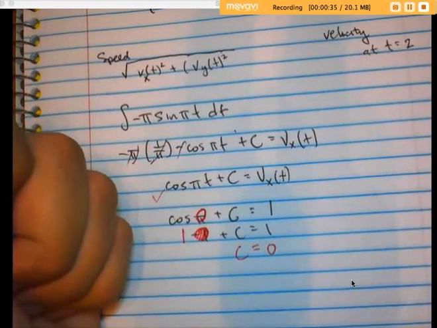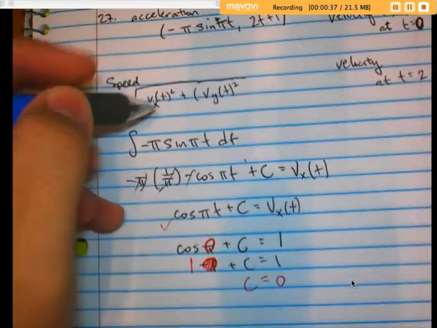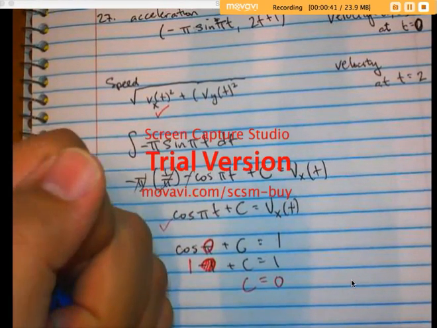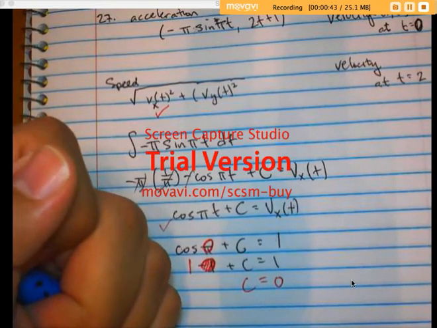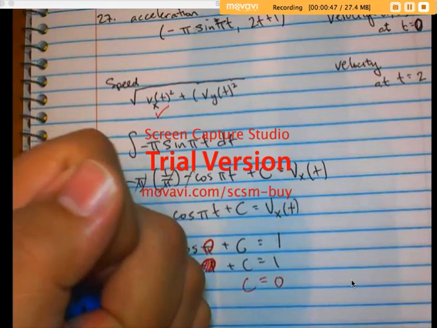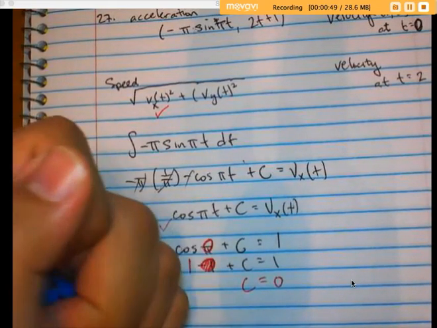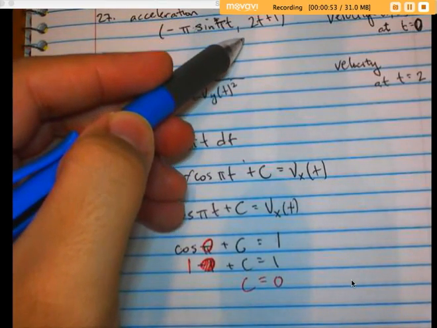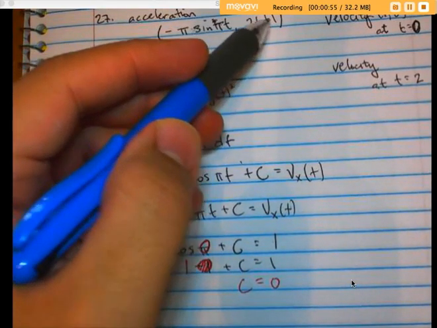So I've got my velocity component. Let me rewrite my speed equation here. That's going to be cosine pi t squared plus, take the antiderivative of 2t plus 1.